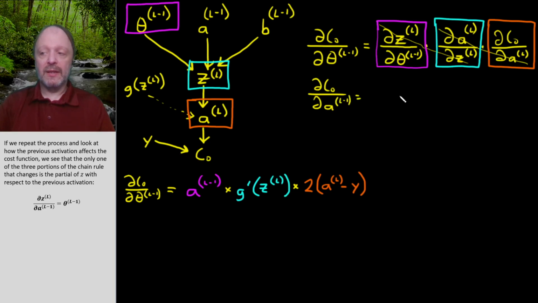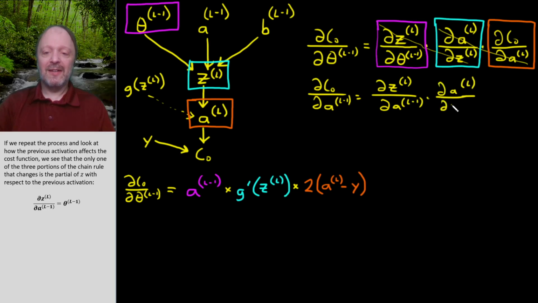Well, that's going to be the partial of Z with respect to the previous activation times the partial of A with respect to Z, and then the partial of the cost function with respect to A. Okay?